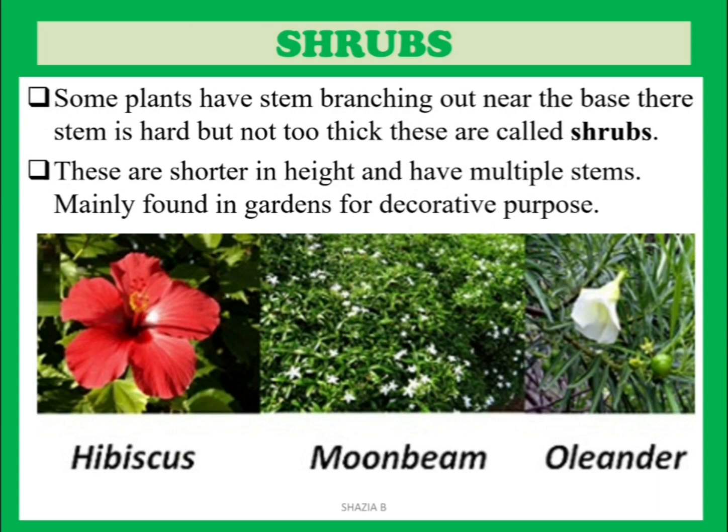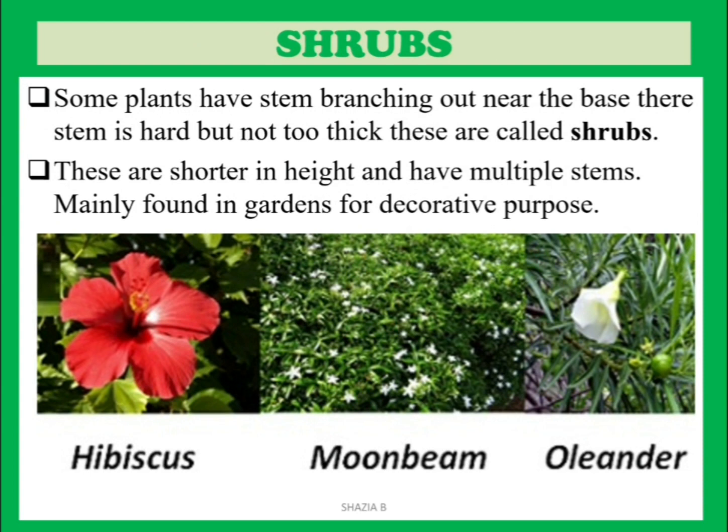Some other characteristics of shrubs are mentioned here. It is neither too short nor too tall, and the stem is hard, woody and thin. Compared to herbs, their stem is hard and also thin. The branches are usually seen at the bottom part, at the base of the stem.